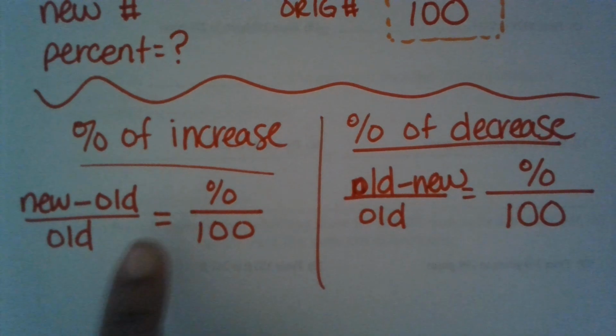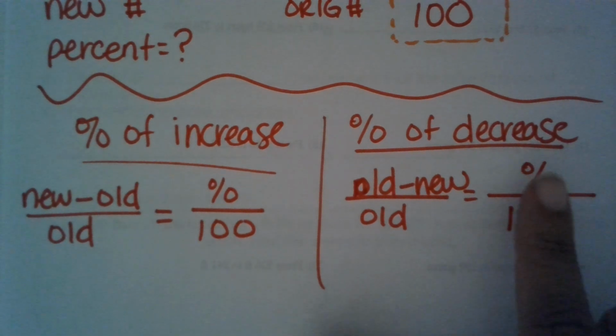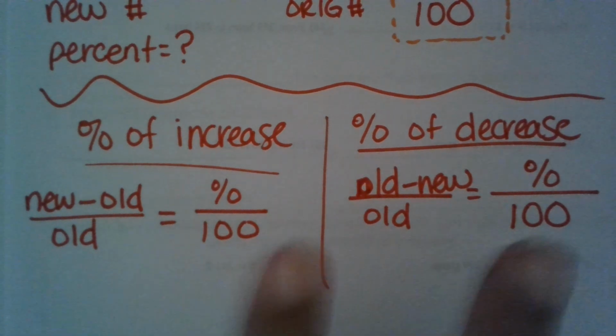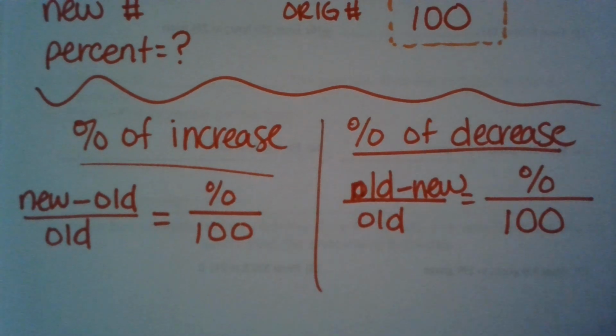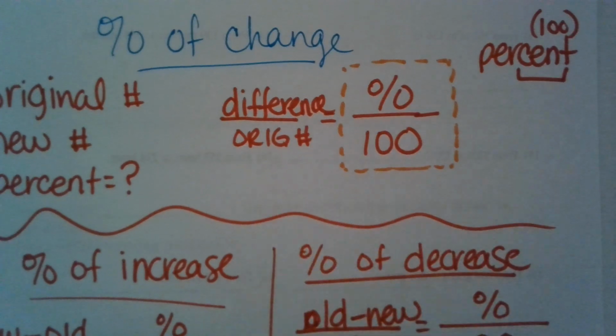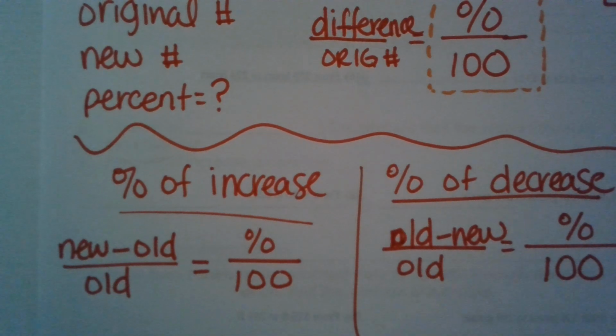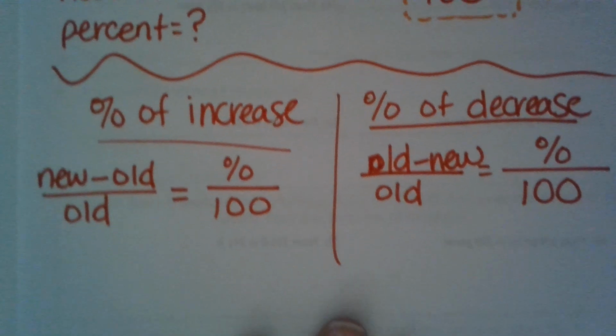So I know when it's going to be an increase, and I know when it's going to be a decrease. Okay? So I'm going to still use one or the other. It really does not matter. It still uses the same format. The difference is whether it's going to be new minus old or old minus new. Same thing. It just depends on the numbers.